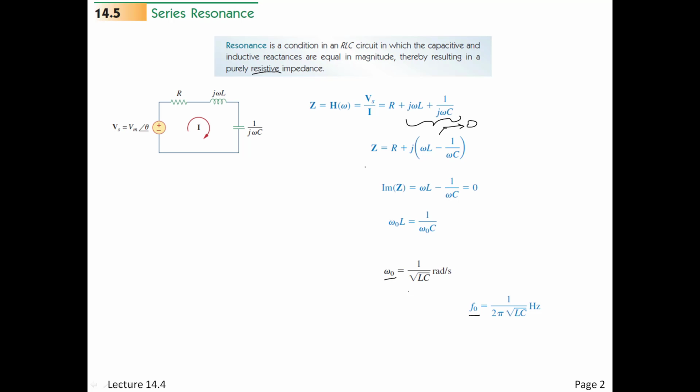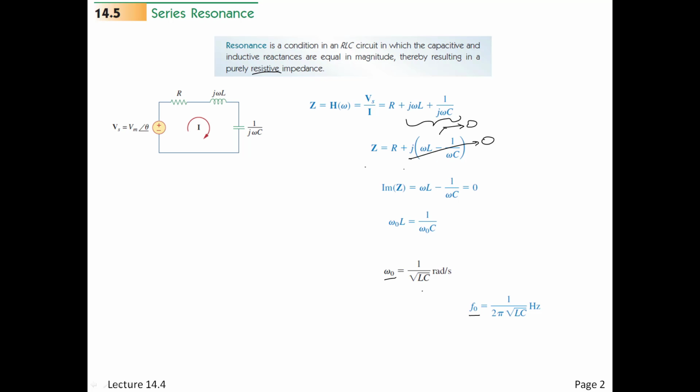So look at this. In a simple RLC circuit, we've got a frequency at which the values of L and C cause the imaginary term to just disappear. And that means the load appears, right? This whole piece goes to 0, so the load appears purely resistive.